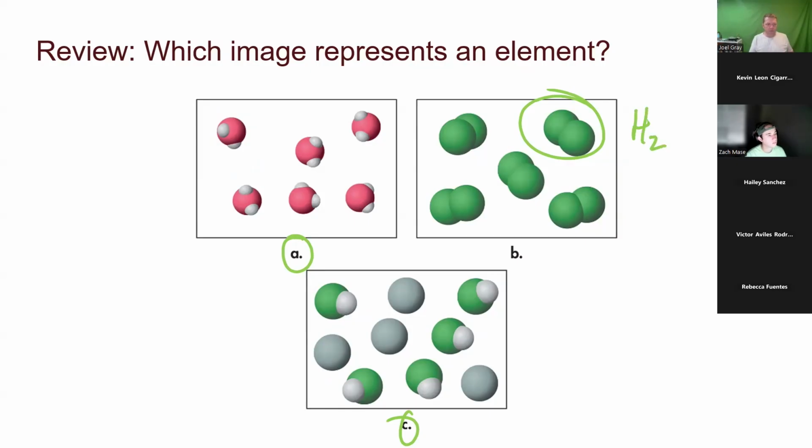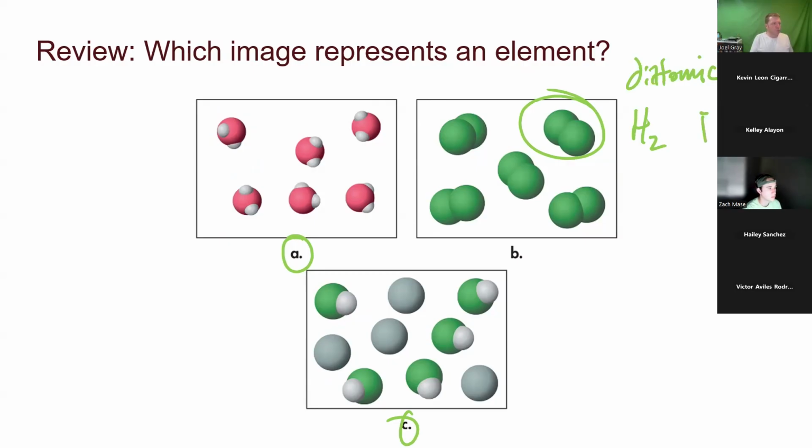So two atoms of hydrogen that come together. So there are a series of elements that are known as diatomic gases. H2, Br2, O2, N2, Cl2, I2, and F2.